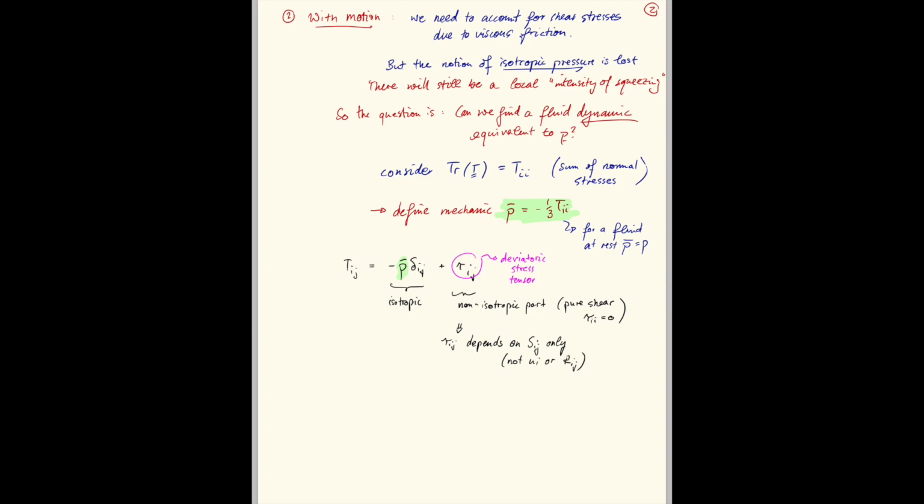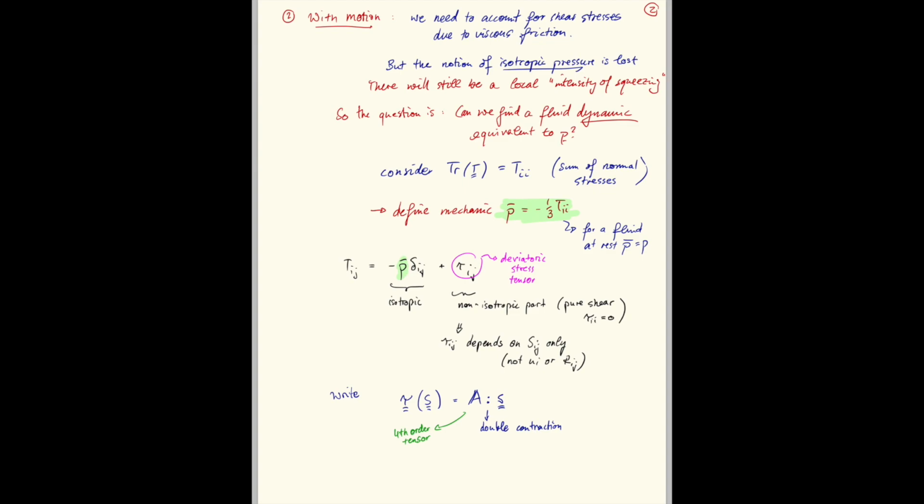So in the most general case, relating the 9 components of tau to the 9 components of Sij, you write this as a double contraction: tau as a function of strain rate S is a 4th order tensor A doubly contracted with our strain rate tensor S. So that's a double contraction, and this thing here is a 4th order tensor.